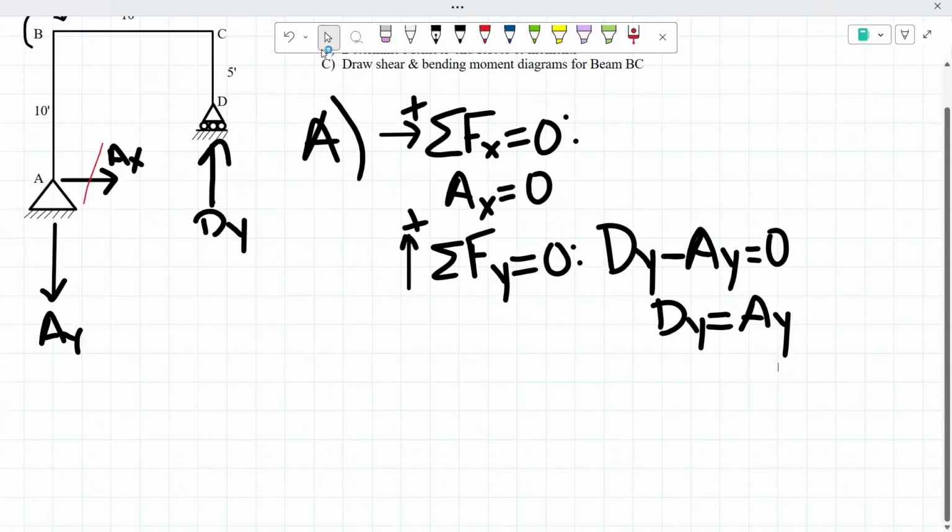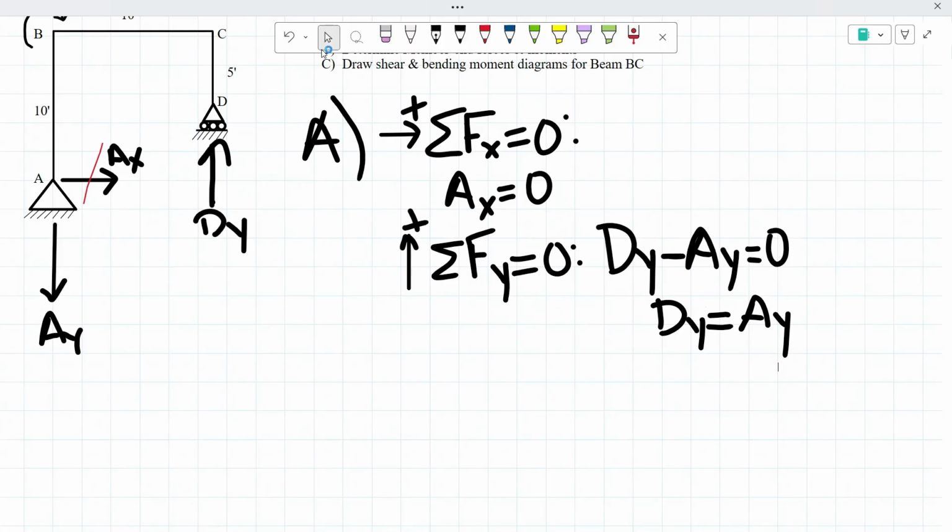To help us solve for our forces in the y direction, we're now going to proceed to our moment reactions, and we are going to solve for the moment reactions about point A. And you'll see why in a bit.